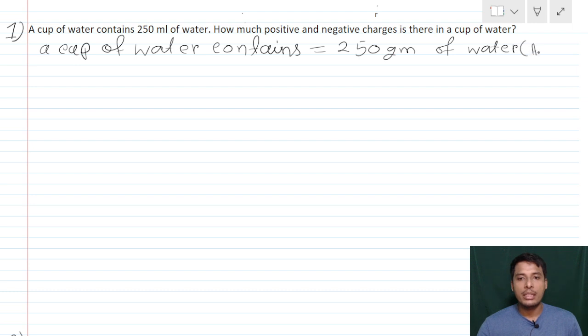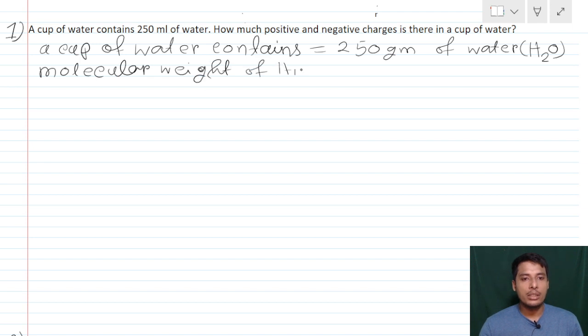Water, that means H2O. Okay, so we know that the molecular weight of water, H2O, is 2 into 1 plus 16, equal to 18 gram.